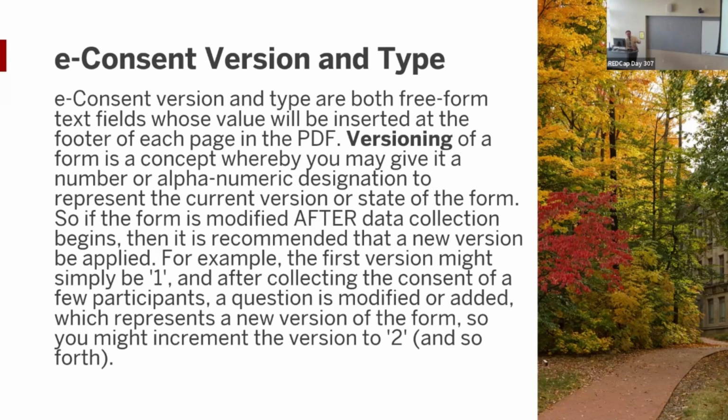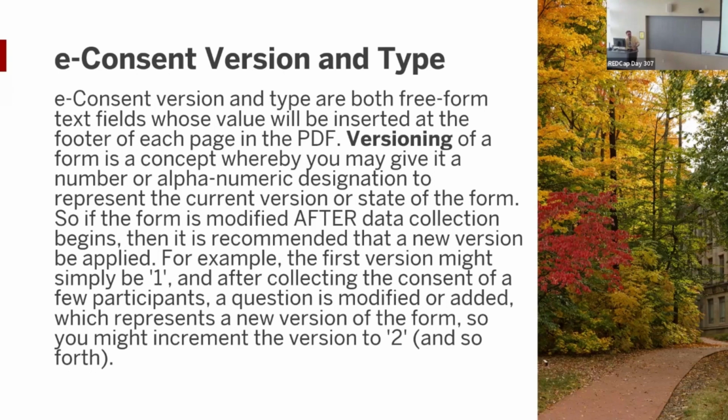And then as you go along, you start collecting consents from participants. And then at a certain point, let's say you need to change a question, you need to add something, then you're able to go back into the survey settings, back to the eConsent framework section, and you'll be able to change that version to version 2.